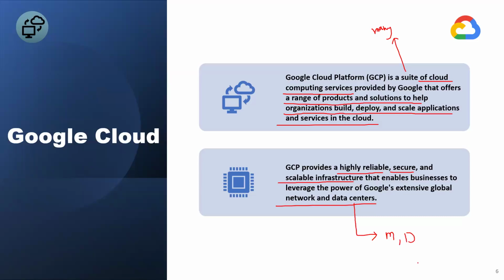Okay, so this is what Google Cloud Platform is, sir. It provides the cloud computing services for companies to build their application, deploy their application, or scale their applications and services in the cloud.